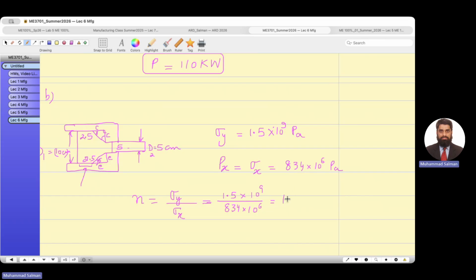Is it 1.8? Yes? One student confirms this is 1.8. You confirm it. With that, we have finished this problem.